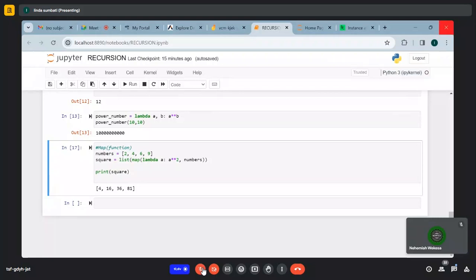I think it does not only work with lambda alone, because the main aim of the map is that it works as an iterator, which results after applying a function to every item of that iterable or list, or if it's a tuple. So that means you can map it even if it's not lambda, because lambda is just an anonymous function, which means you can map it to any other function that is appropriate. Yeah. So I don't think it only works with lambda.